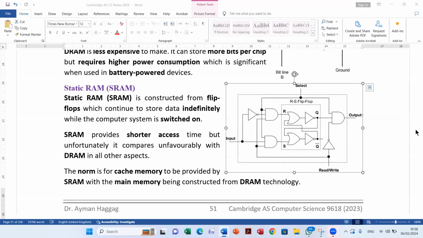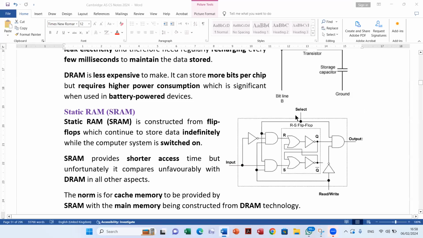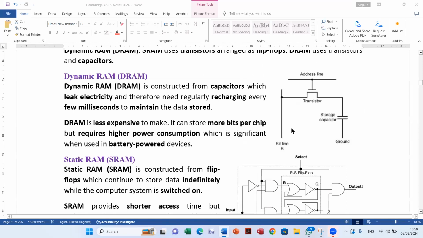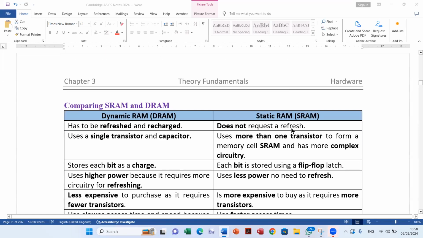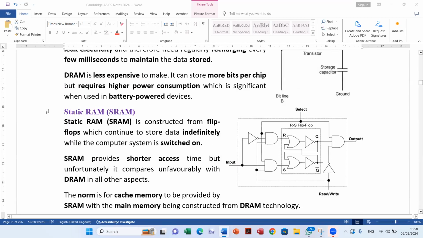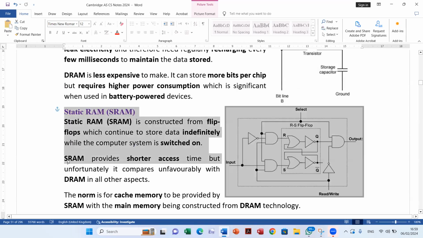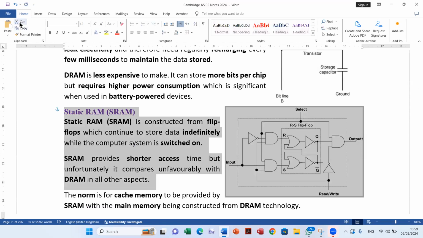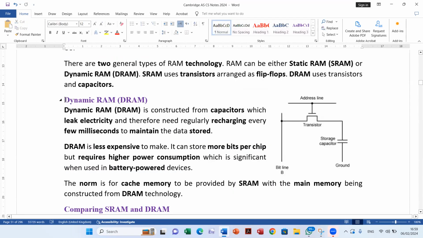And some other benefit, I will tell after a minute. However, it's expensive because of so many components just to store one bit. They thought of designing something else called dynamic RAM.